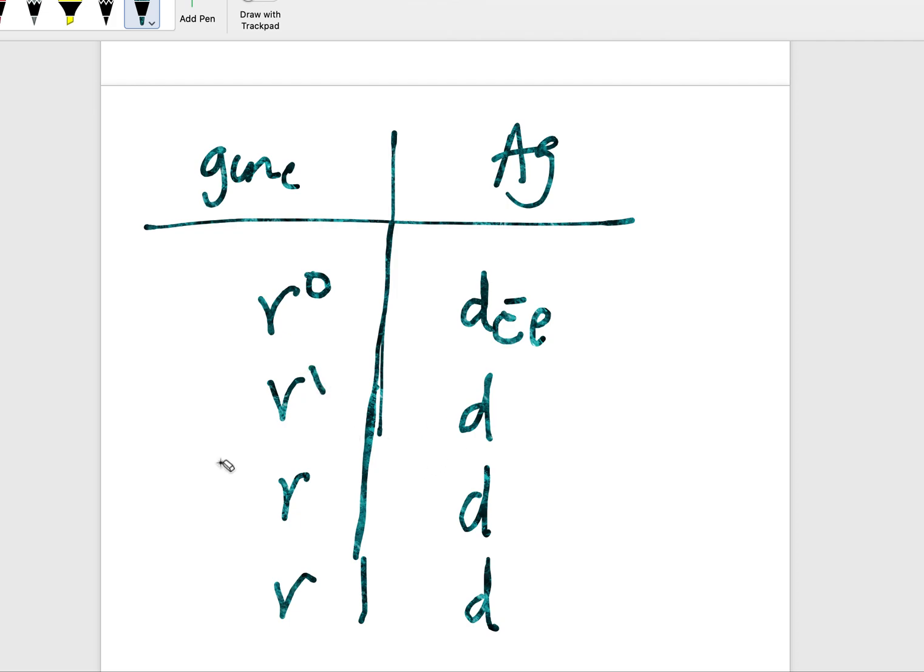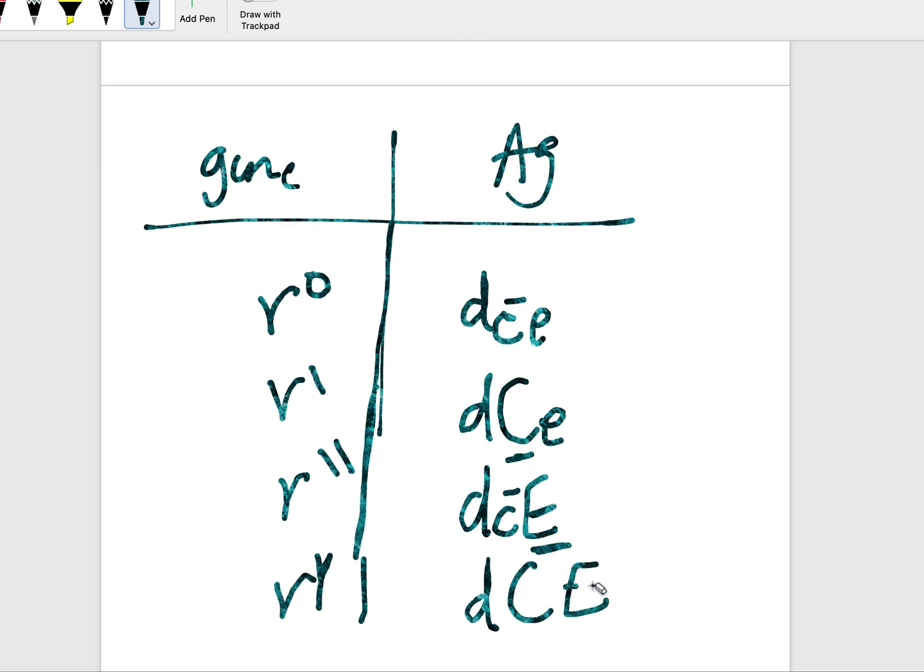When we have R1, number 1 is positive, which is C. We'll put the E small. When we have number 2, R2, that means position number 2 is positive, which is E, in this case. And lastly, we will have RY. In this case, easy, both will be positive. Got it? So this is easy. No numbers, both negative. 1, position 1 is positive. 2, position 2 is positive. Y, both positions are positive.